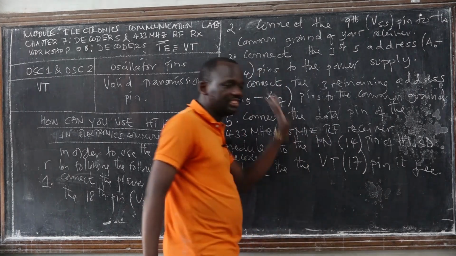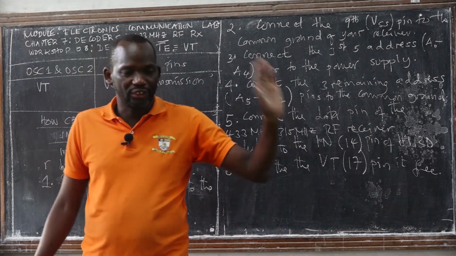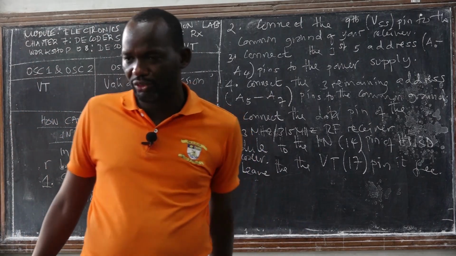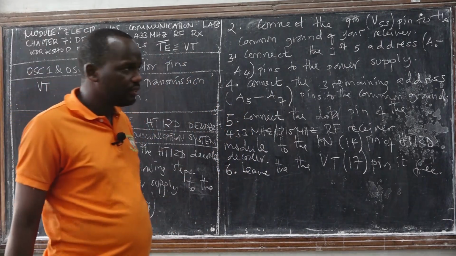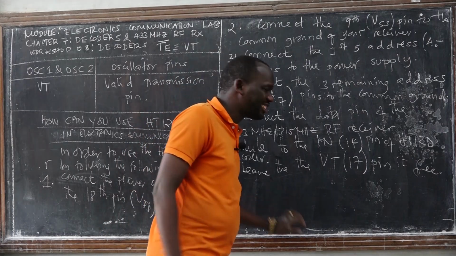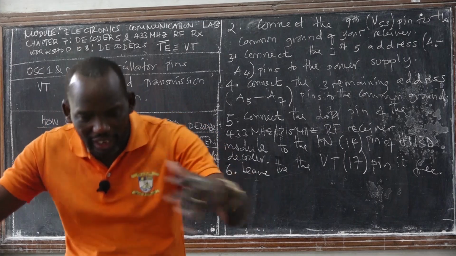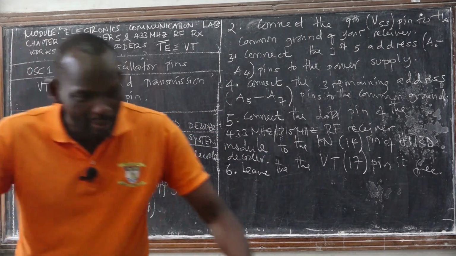So we don't connect it to the ground. We don't connect pin number 17 to the VDD. We don't connect it maybe to a resistor, whatever. We just leave it free. Say, leave it free. Tell your neighbor, leave me free.